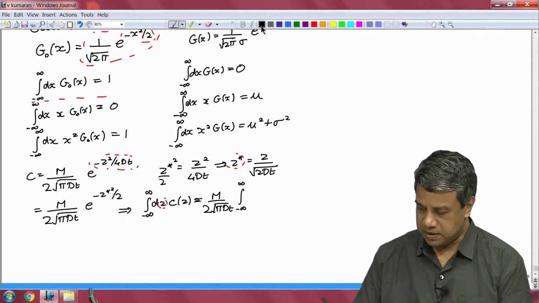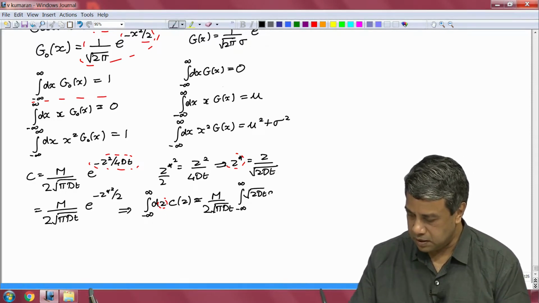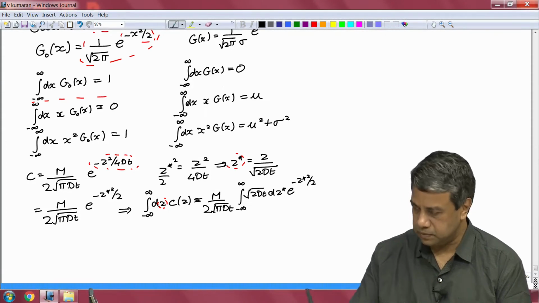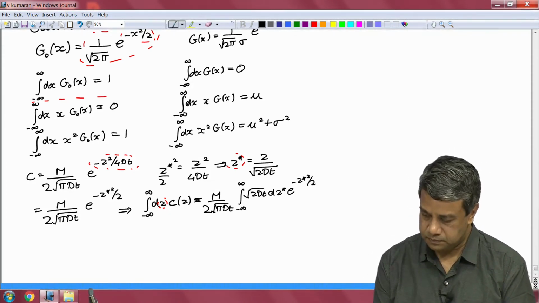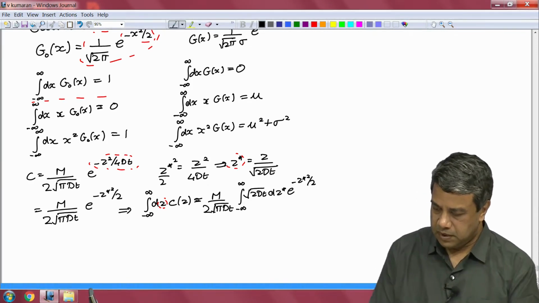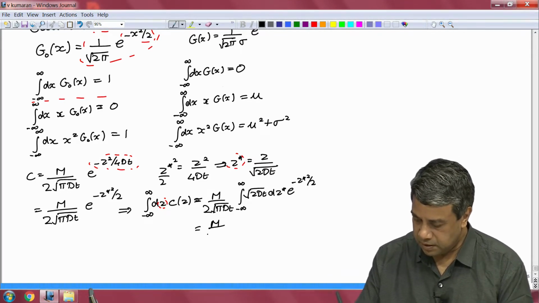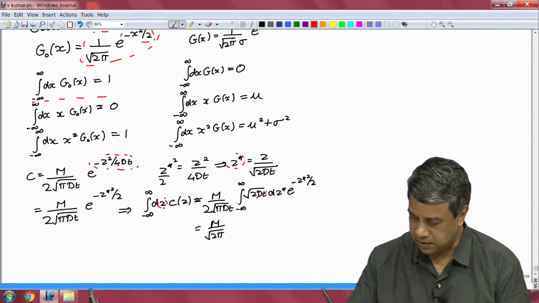So, this becomes root of 2 dt, dz star, times e power minus z star square by 2. So, this basically becomes equal to m by root of 2 pi. The dt will cancel out in the numerator and denominator.